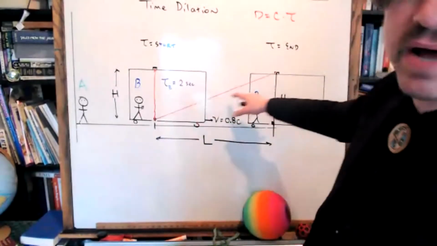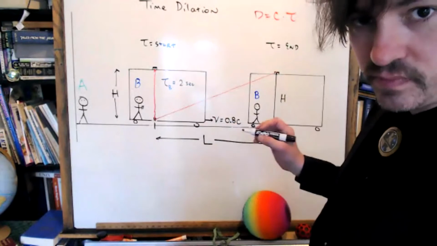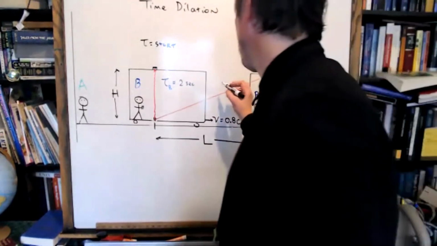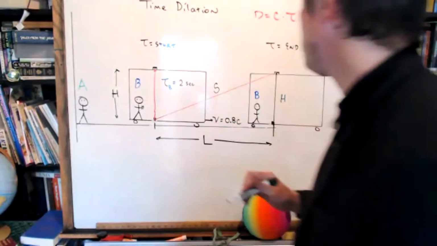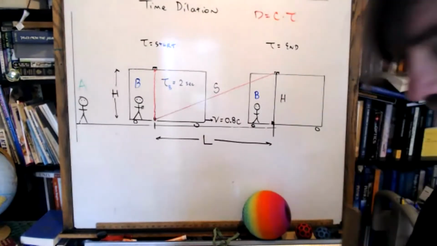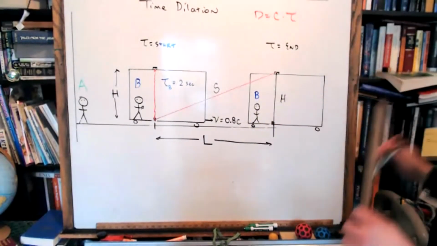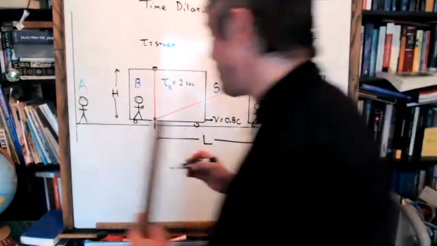And then do you see this hypotenuse here? The path of the laser according to A? Because I need another letter, I'm going to call that S. Remember that S is my descriptor of a hypotenuse in relativity. Let's construct our Pythagorean theorem together, and you probably already know what it is.